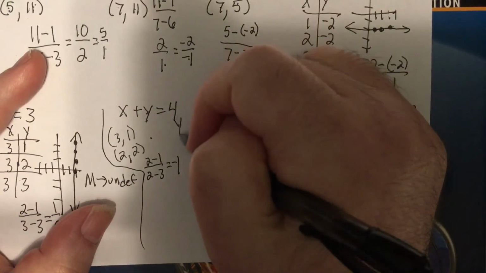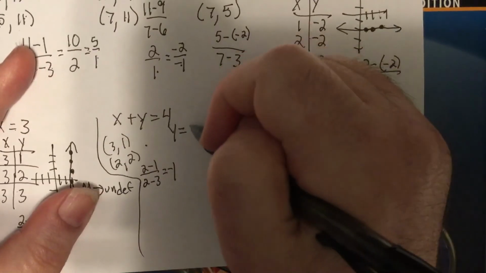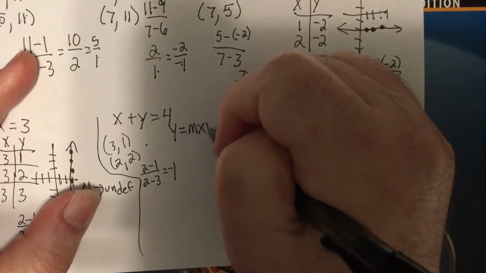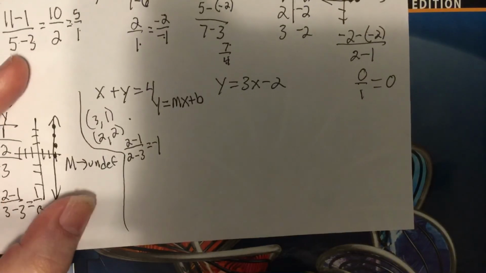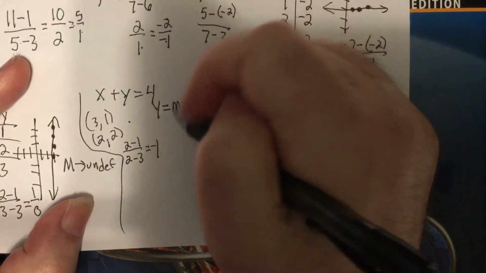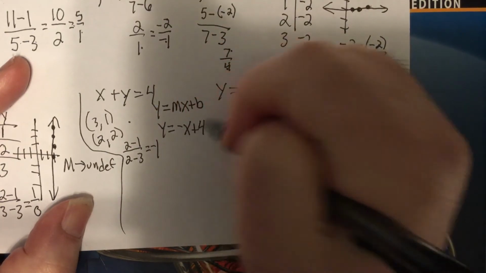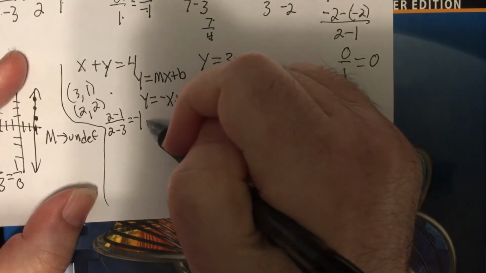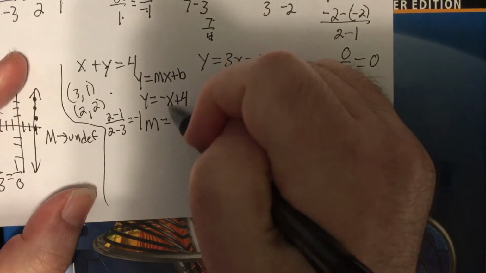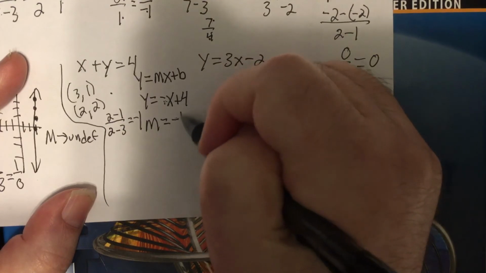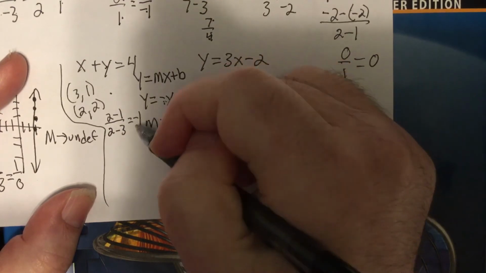In fact, they have a form for that. y equals mx plus b. So if I solve this for y, y equals negative x plus 4. They call slope m, which would be negative 1, the number times your variable. Oh, wow, that's what we had, negative 1.